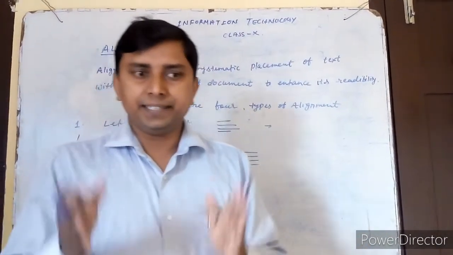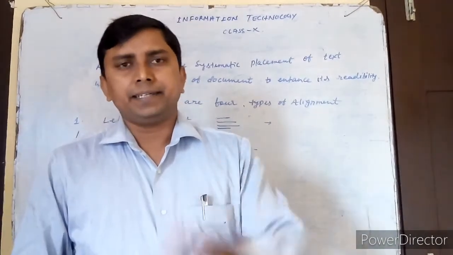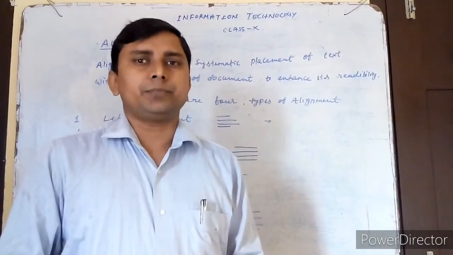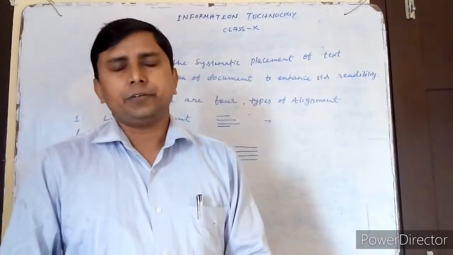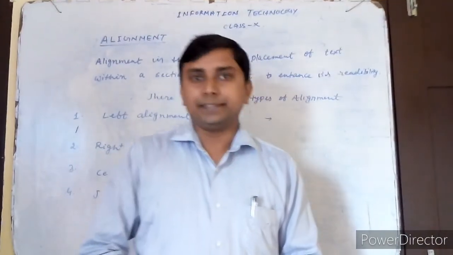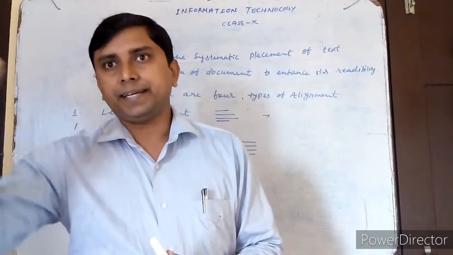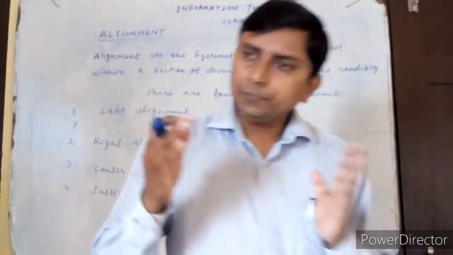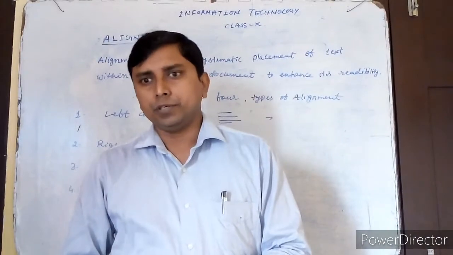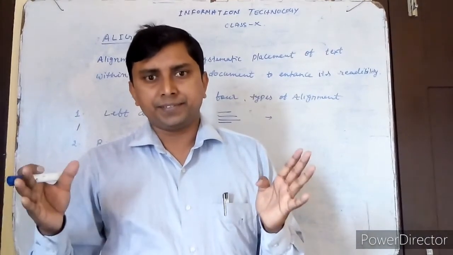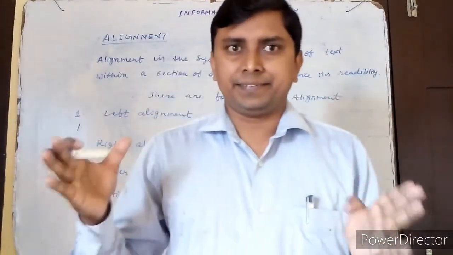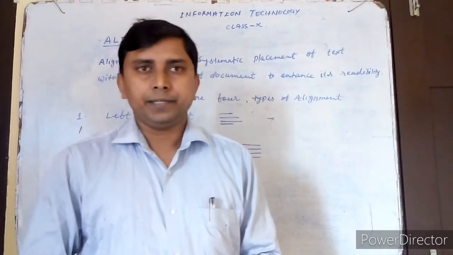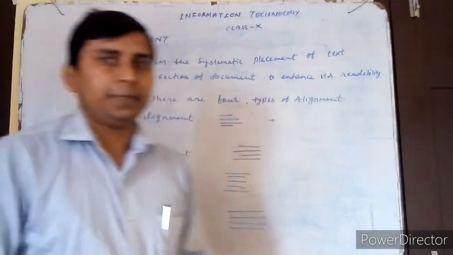If you write in Hindi or English, you start writing from the left-hand side. And if you talk about Urdu, then you write from the right side. In word processing software, in MS Word, to place the text within sections, we use alignment.